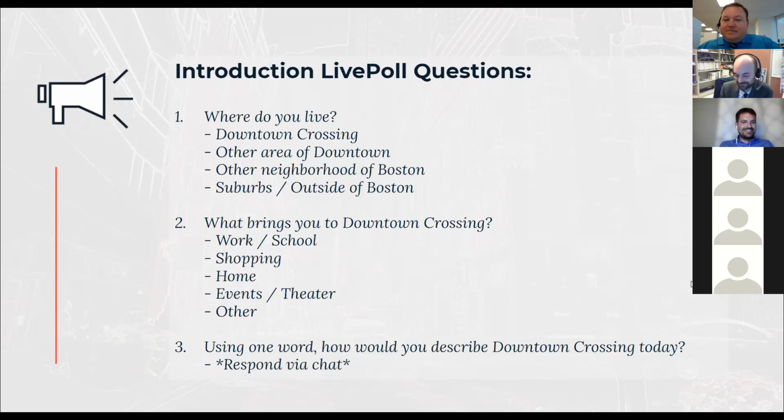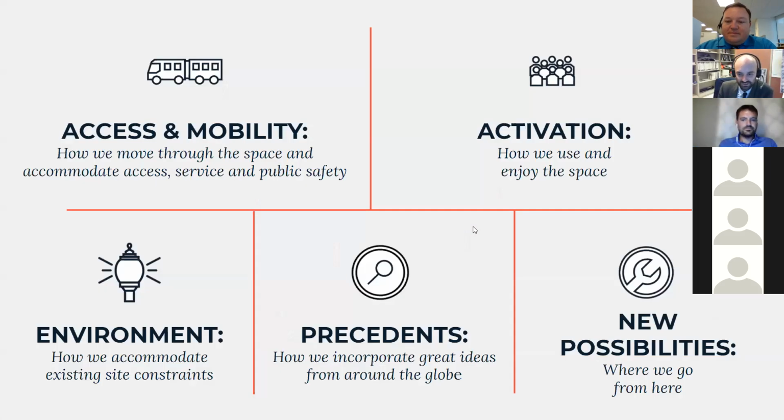No, good stuff. So diving in then to the meat of the presentation. So again, these are the 5 themes that we're going to talk about at some length tonight. So first of them is access and mobility. This is how we move through the space and accommodate access for all the different modes and needs, service and public safety.